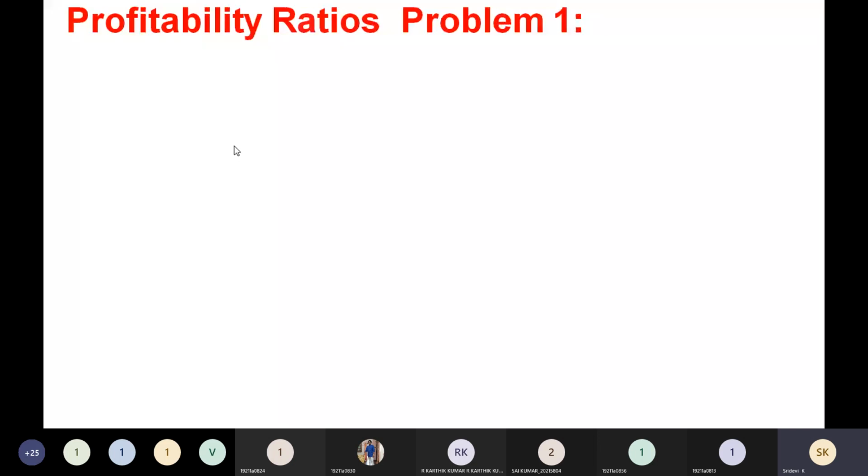So these ratios will help the company to know what percentage of profit the company is going to earn on sales. For that, these ratios will be helping you. So let us take a small problem to identify this.